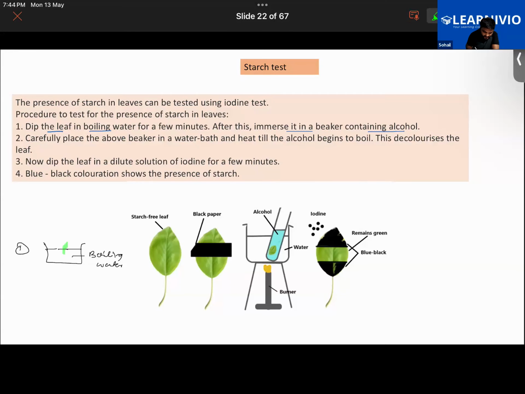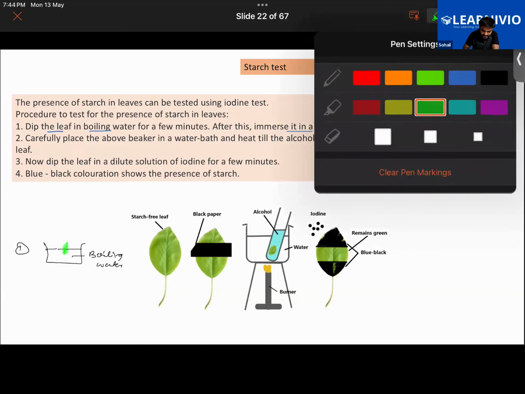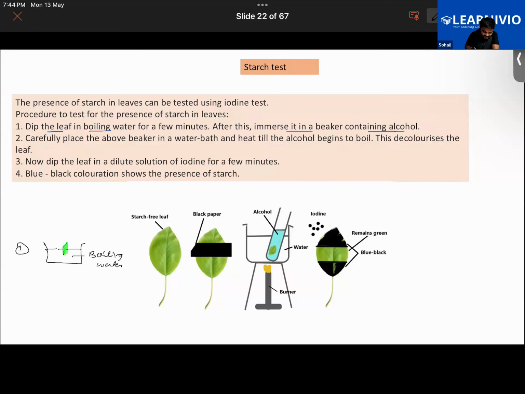Wherever you guys are not getting it, do let me know, sir, I'm not getting the concept, please repeat. No need to hesitate there. So you have dipped the leaf in the boiling water. Next, you will take out this leaf and put it in a test tube in which you have put alcohol. You can look at this setup. This is step number 1. This is your step number 2.